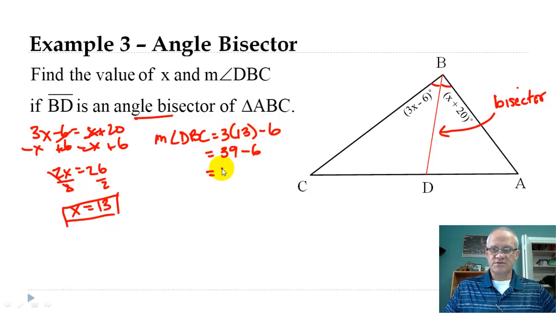Minus 6 is 33. So 33 degrees. And if you take that 13 and plug it into x plus 20, what do you get? 13 plus 20 is 33. Same thing. Excellent. So you can check yourself that way.